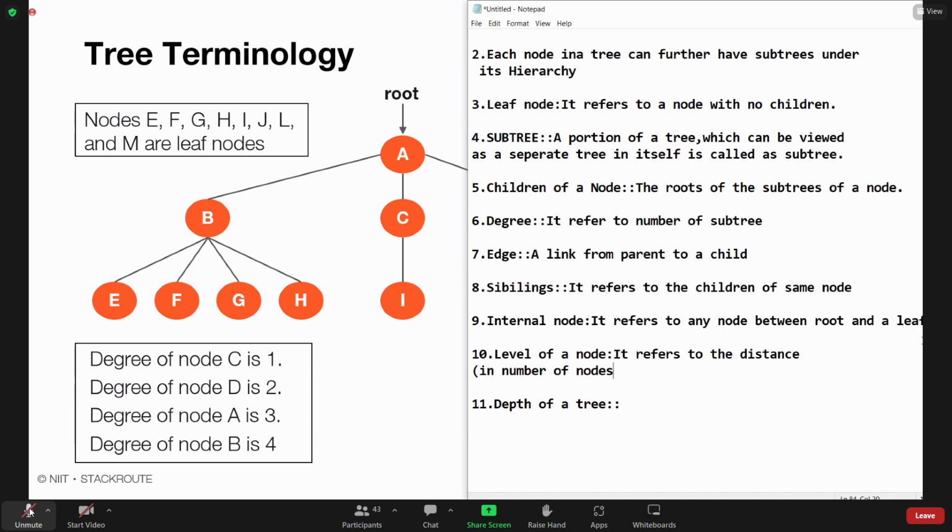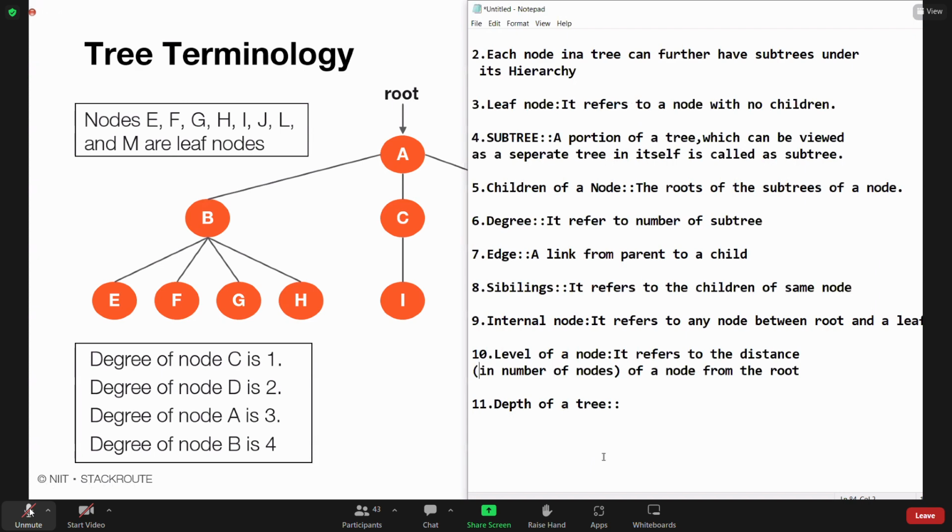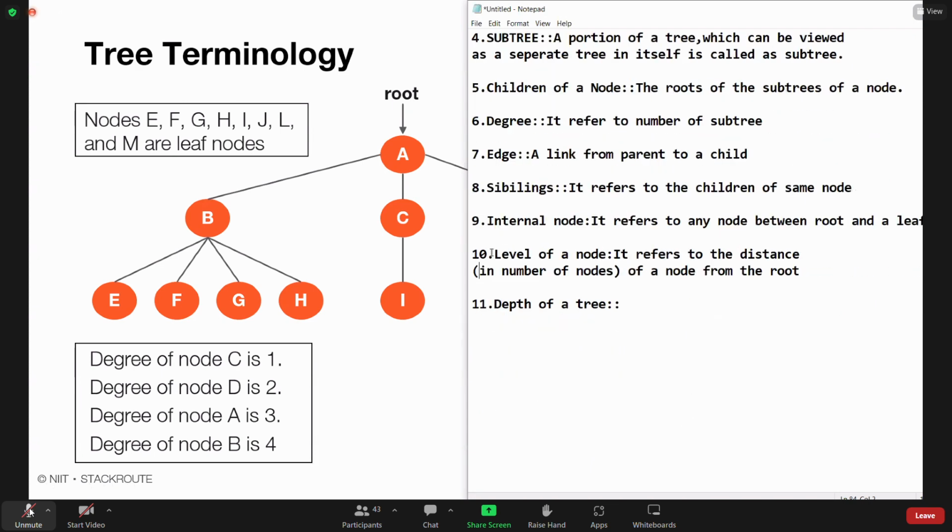Wait, let me complete. Level of a node refers to the distance, number of nodes of a node from the root.